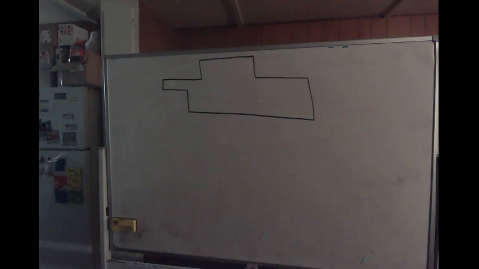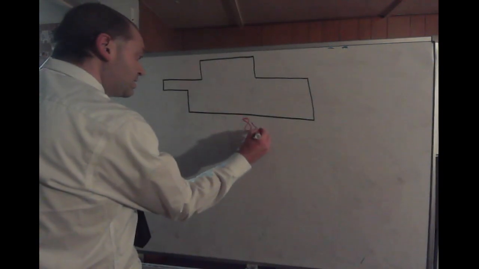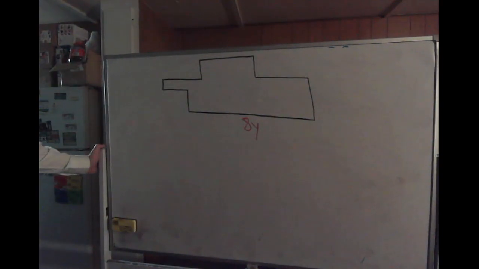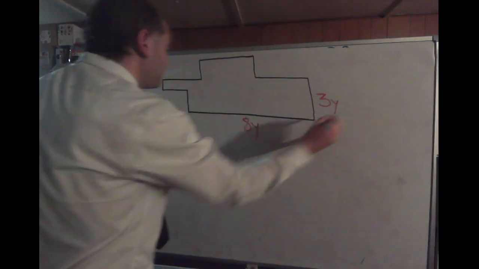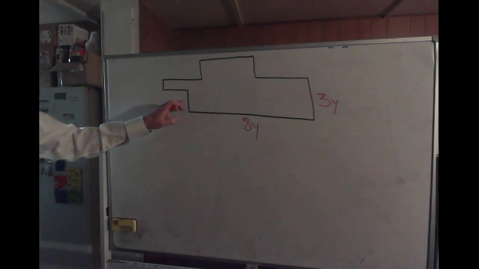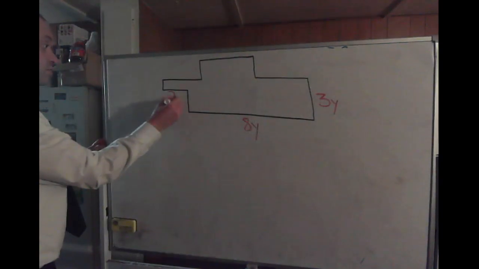Well, what do we got here? We have this base is 8y. We have this height is 3y. We're not given this yet. We're given this length here is 2y.